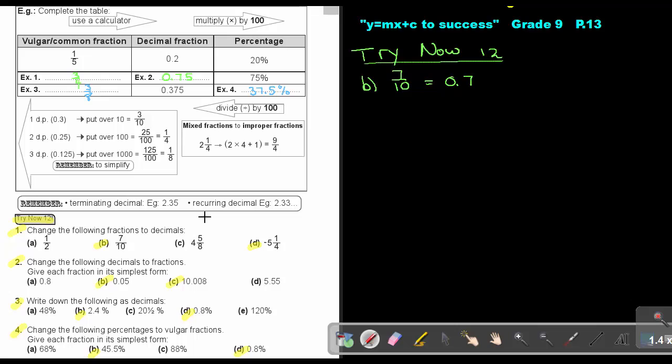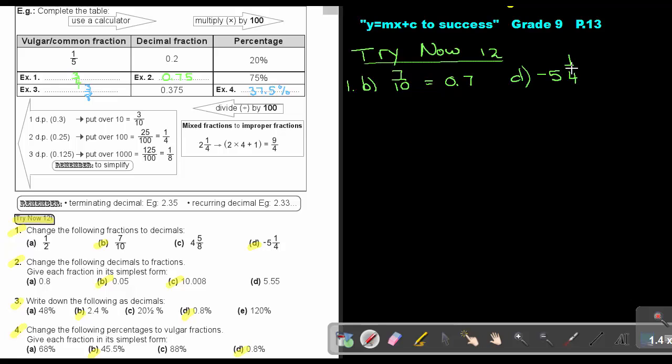Okay, now let's do number D. This is -5 1/4. Now you can just press on your calculator 1 divide 4 plus 5, and just remember to bring the negative over, so it will give you -5.25. That's the decimal.